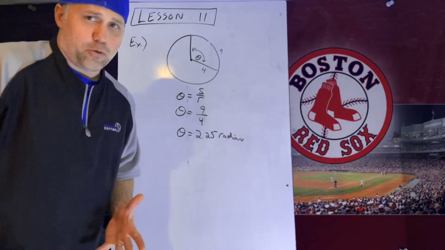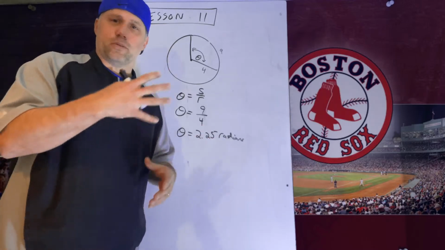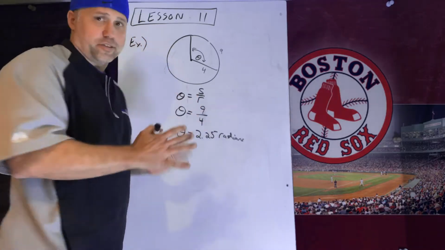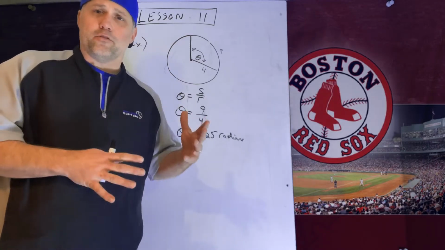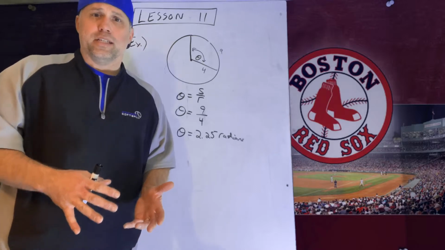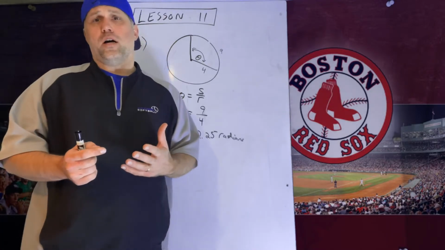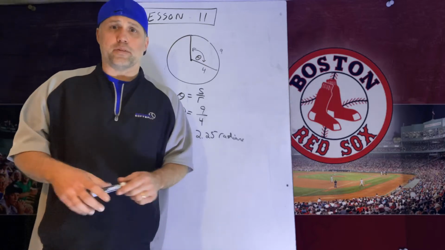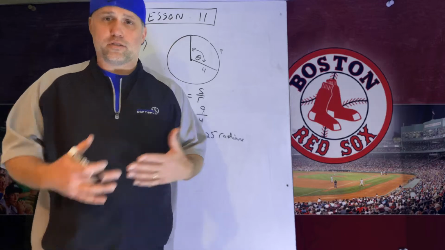That probably doesn't mean a whole lot to you, like 2.25 radians. What does that even look like? I'm going to teach you how to convert from radians to degrees shortly, so you can get an idea of what a radian actually looks like. See, when we're doing weather, we all know what Fahrenheit is for the most part. I mean, if it's 50 degrees Fahrenheit out, we know how to dress to go outside.